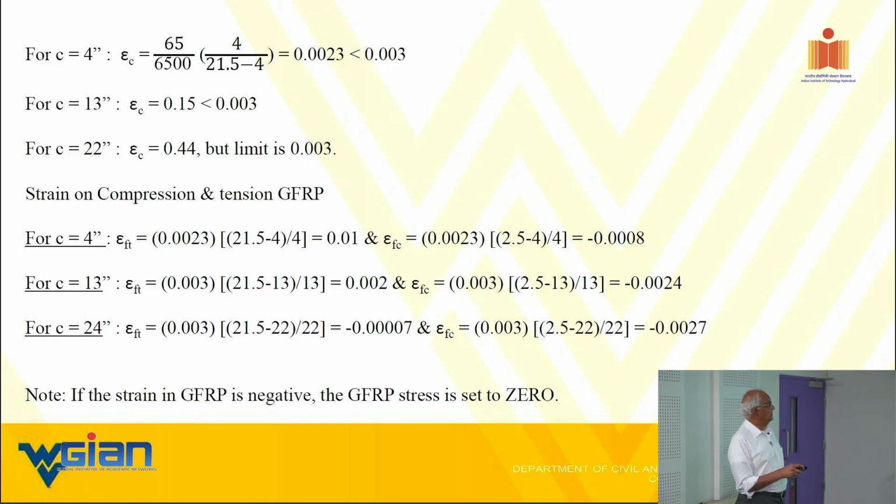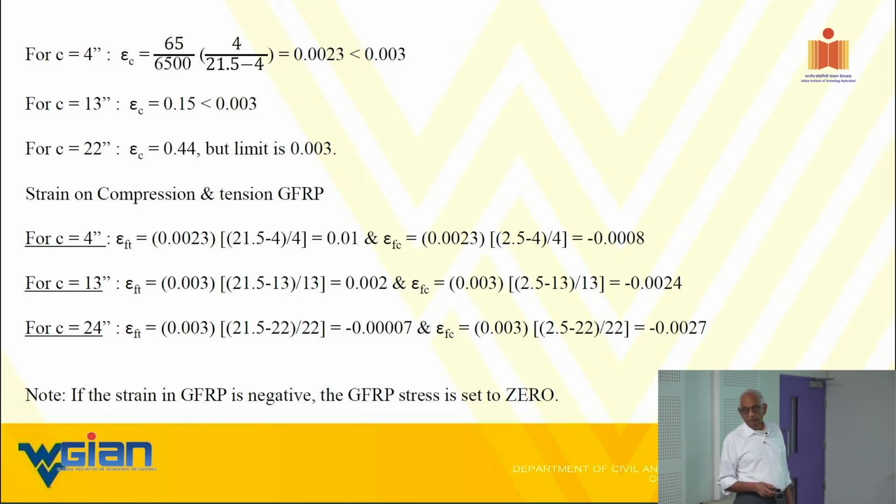These are the strains of GFRP in compression, but that doesn't matter because we are assuming it the same as that of concrete. We are not at compression on the compression side. Now, we are going to use these numbers to see how, if the strain in GFRP is negative, GFRP stress is taken as 0. In other words, you don't multiply this with 6.5 million PSI.